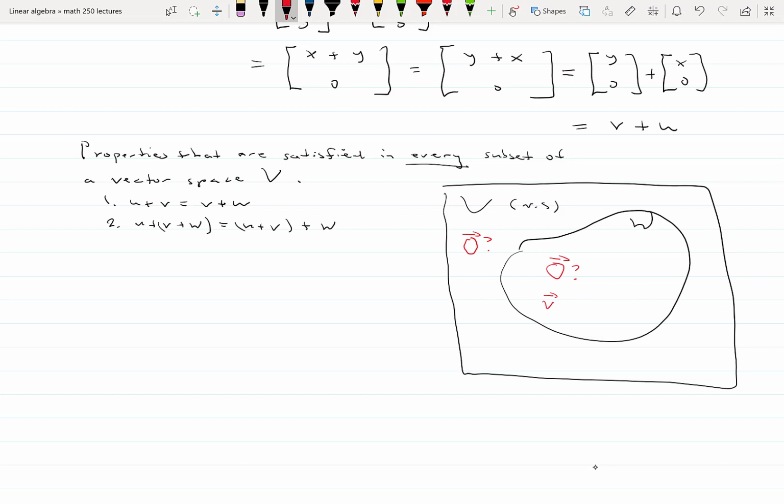Well, if the 0 vector were in W, the answer might be yes or it might be no. Is the opposite of V outside of W, or is it inside of W?